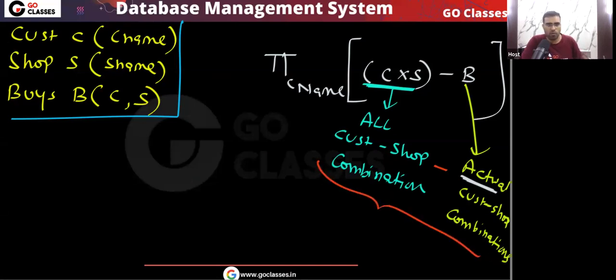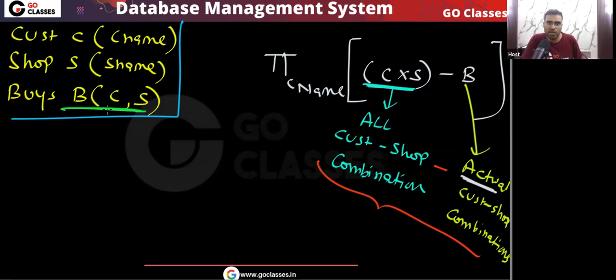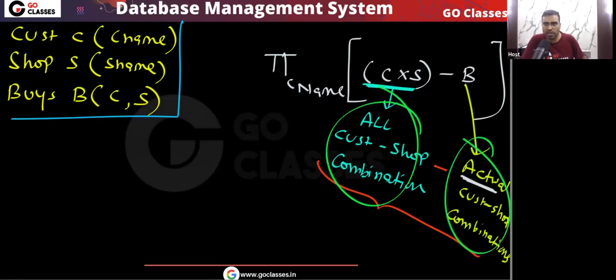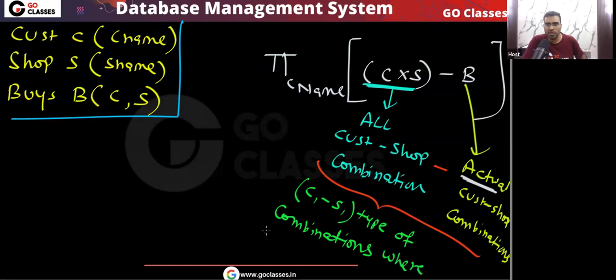From all customer shop combinations, if you remove the actual combinations, which give those combinations where the customer is buying from the shop, you will get this type of combination: C1, S1, where C1 does not buy from S1.